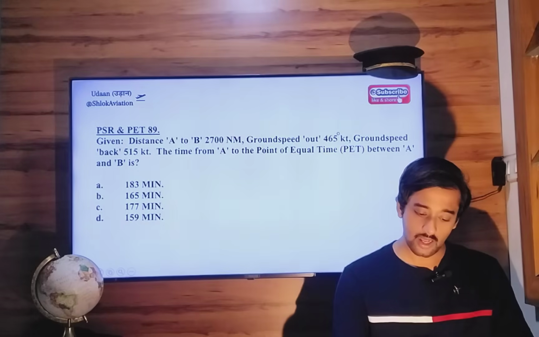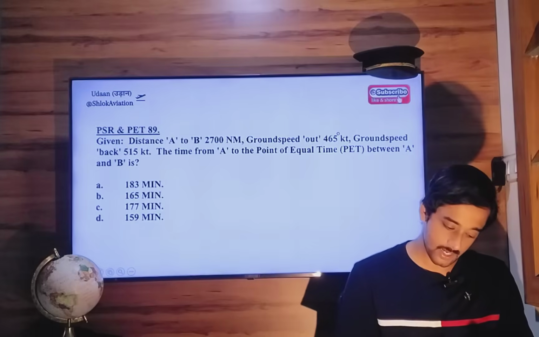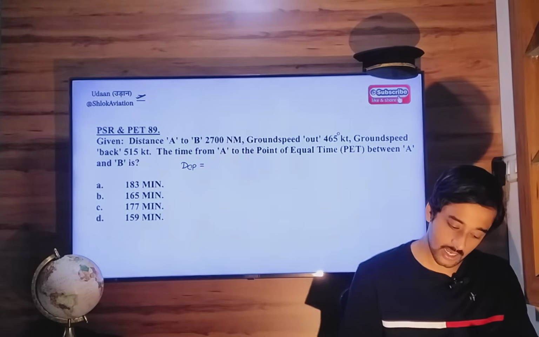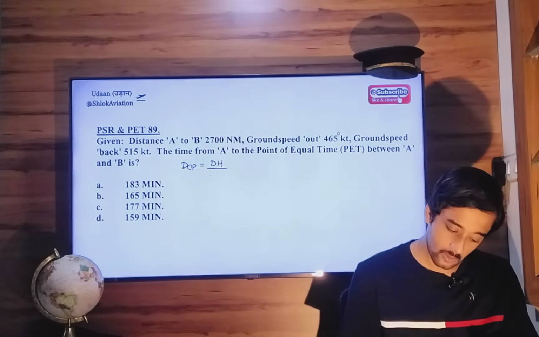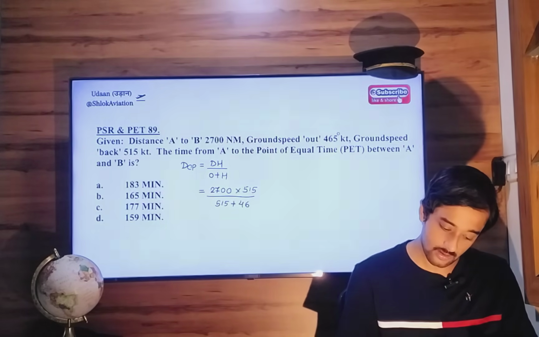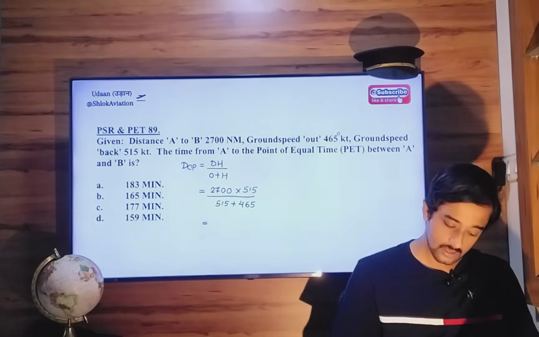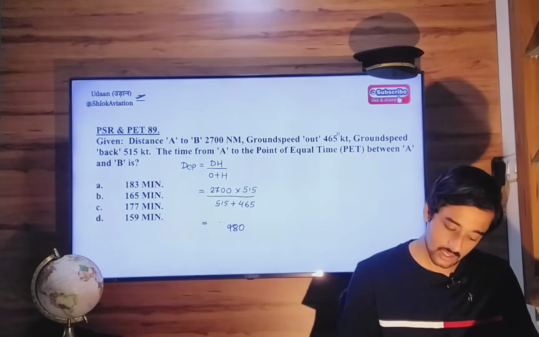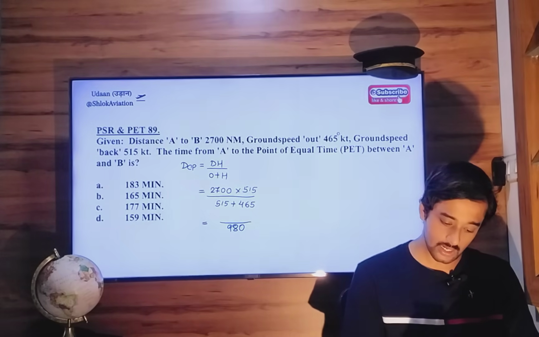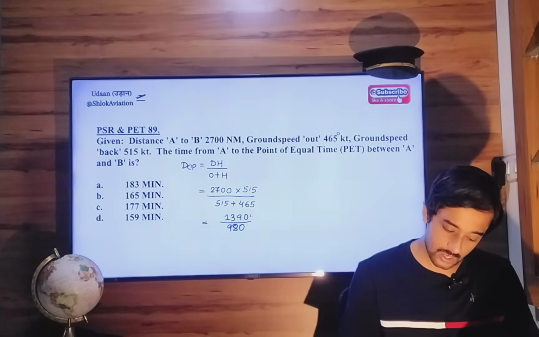Next, distance given, outbound speed, homebound speed given, time from point A to the point of equal time. So first, distance to the critical point DH over O plus H, 2700 into 515 divided by 515 plus 465. 980 in the denominator, numerator 2700 into 515, 1390500.